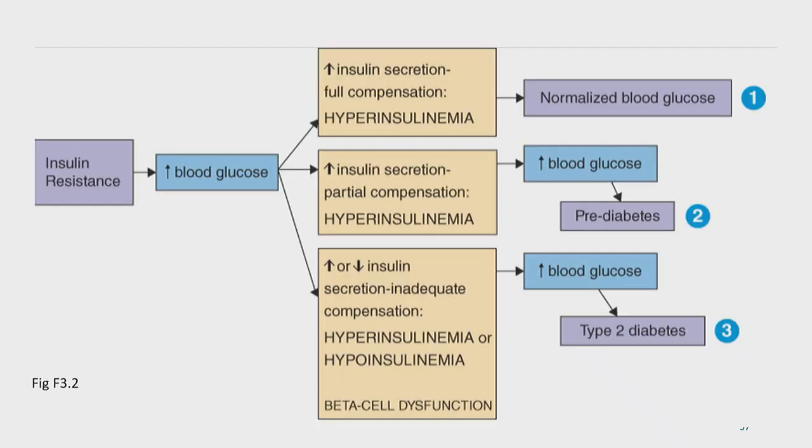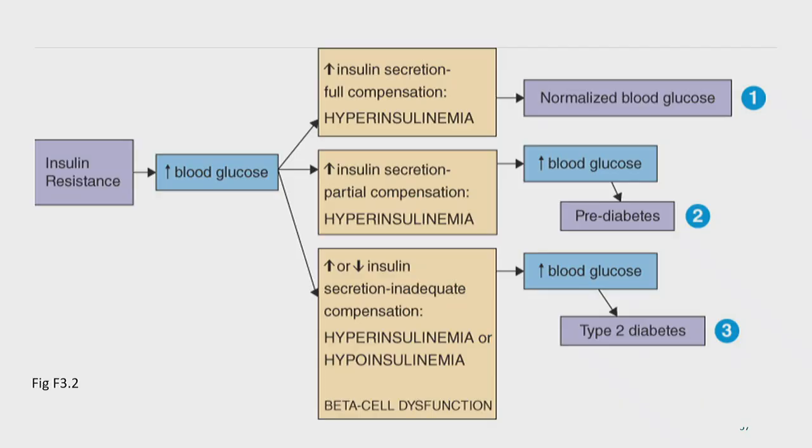So this figure illustrates the development of type 2 diabetes. It's important to keep in mind two characteristics that are required in the development of type 2 diabetes. One is insulin resistance, and the other is reduced pancreatic function. Initially, when blood glucose starts to rise, the pancreas responds by secreting more insulin, and this allows blood glucose to normalize.